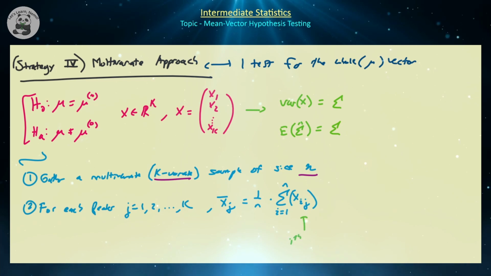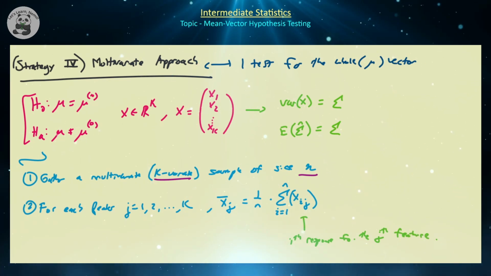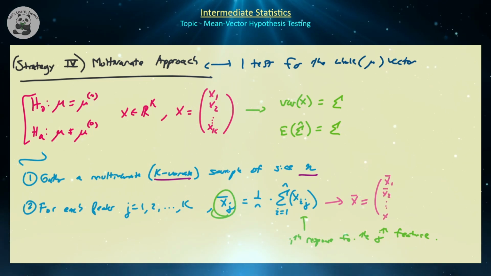It's the ith response for the jth feature. So you ask a bunch of people their ages, you average their ages. You ask a bunch of people their heights, you average their heights. Once you have each of these averages, we're going to have a vector x bar, which is x bar 1, x bar 2, all the way down to x bar k.